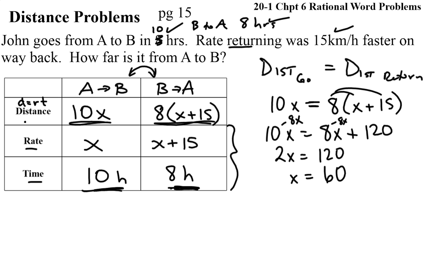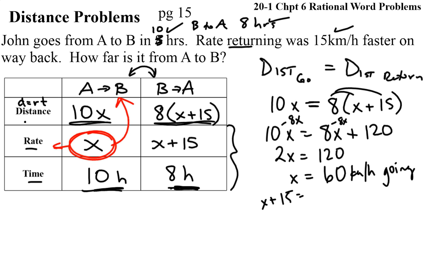So x works out to be 60, but what exactly is 60? X is 60, which is the rate going. So it's 60 kilometers per hour going to B, and then we have the x plus 15, which would be 75 kilometers per hour returning. So there's our x and our x plus 15 value.